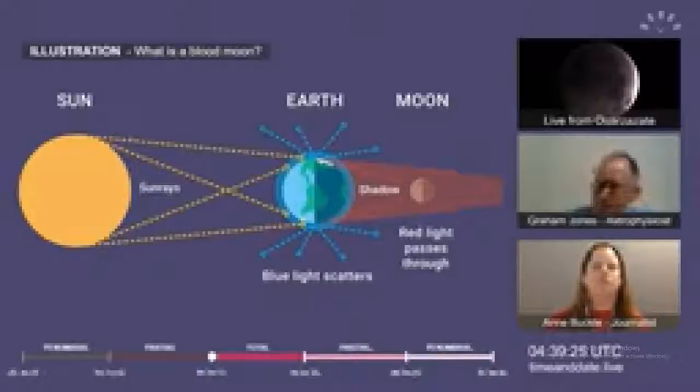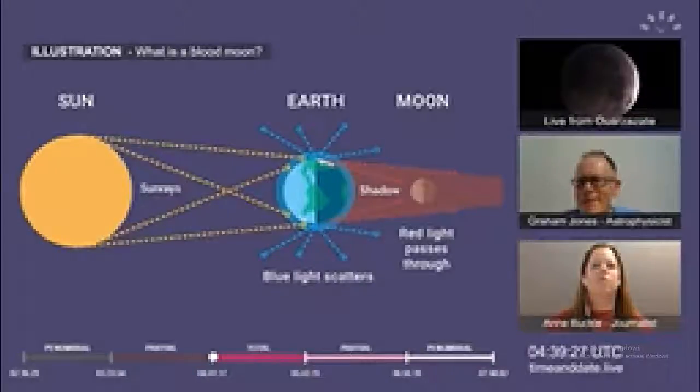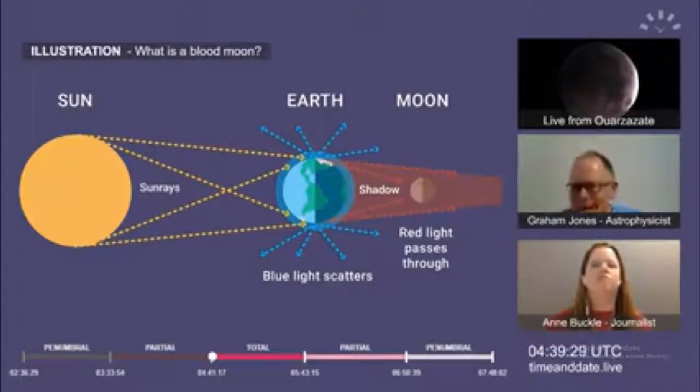Again, we've just switched to our picture from Morocco, and we can also see it there. Yes, we are beginning to see this little red color.